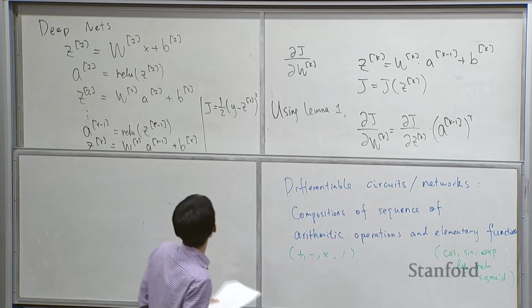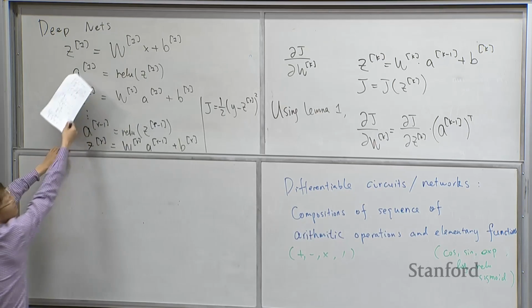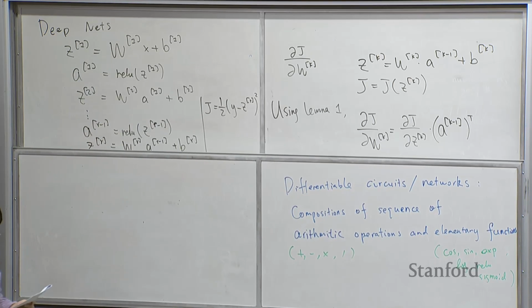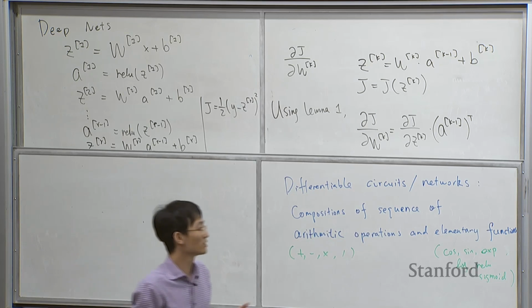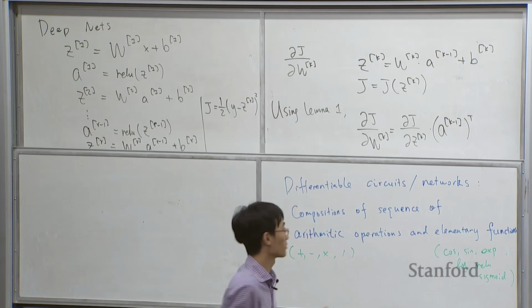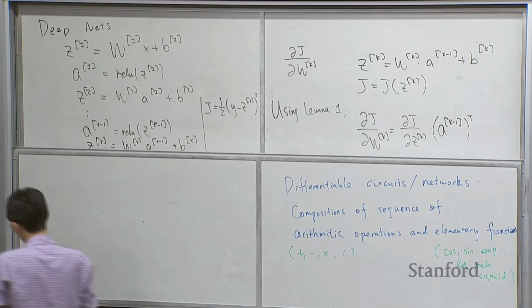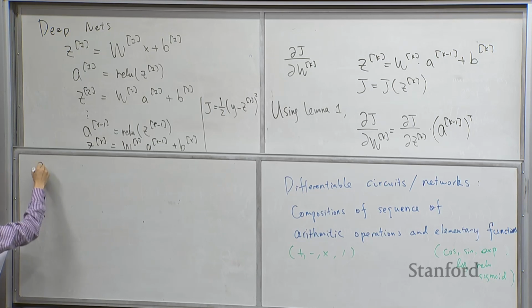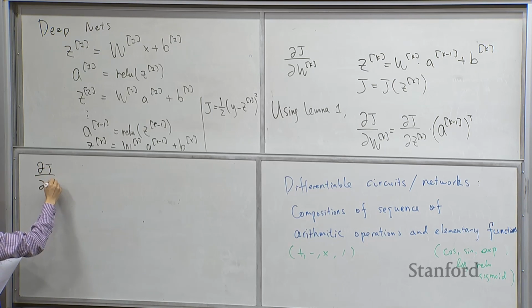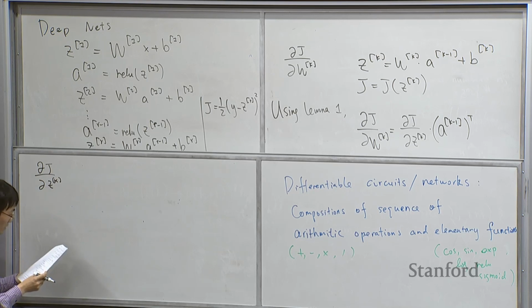ZK is basically one of these intermediate variables. So how do you take the derivative with respect to ZK? You need to think about how ZK is involved in this computation.